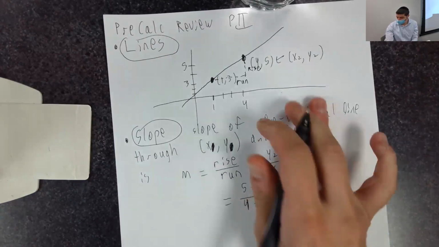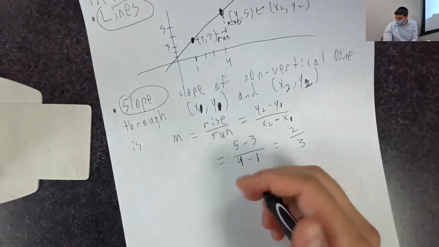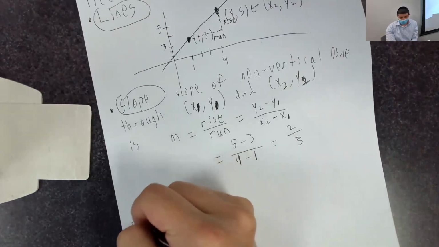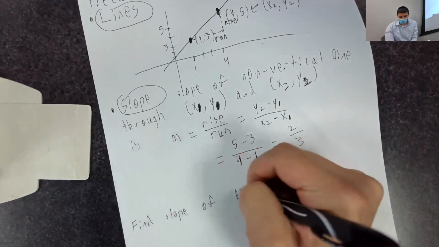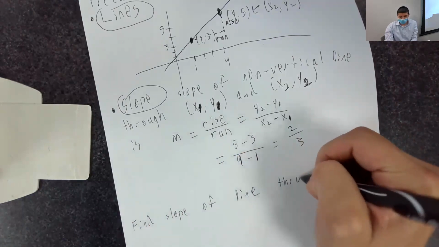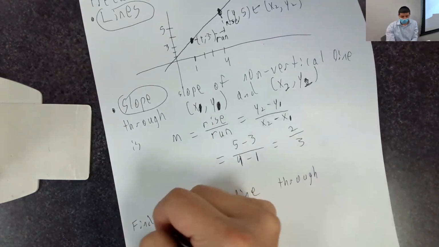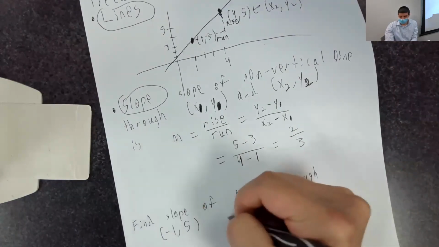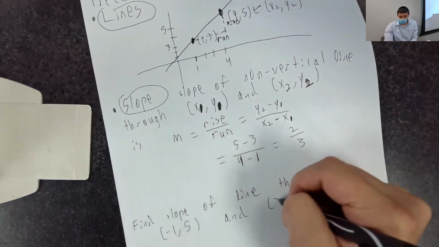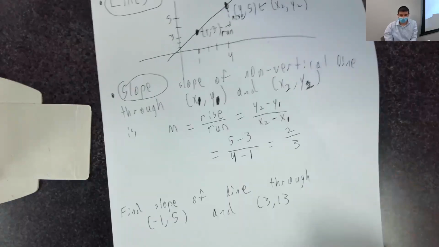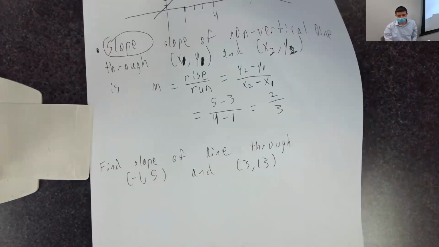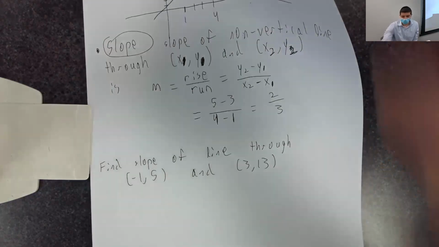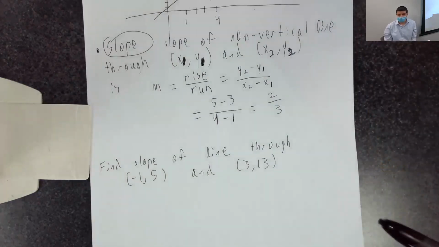Here's a little example. Find the slope of the line through -1, 5 and 3, 13. Take a moment to compute the slope between those 2 points.